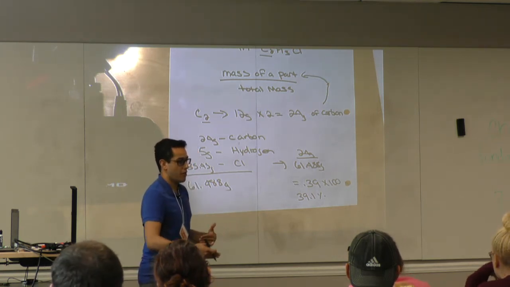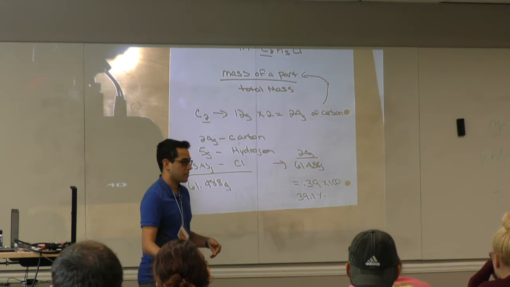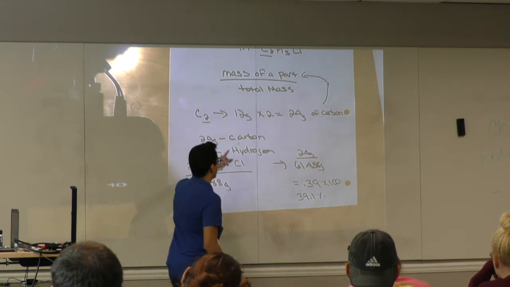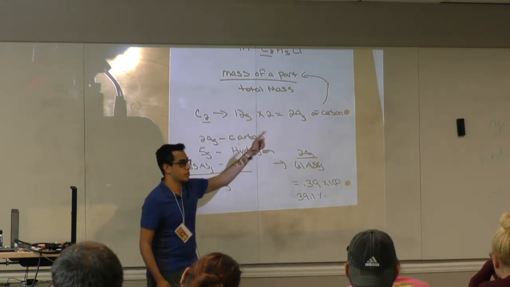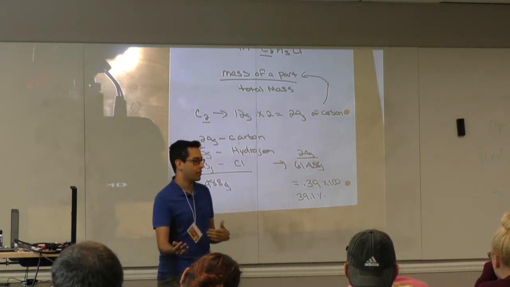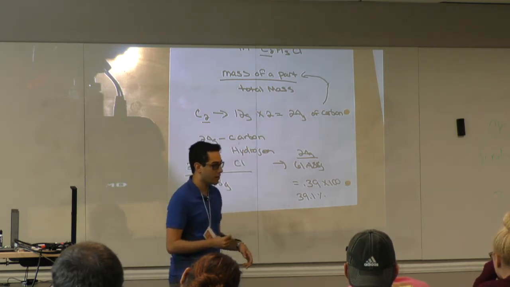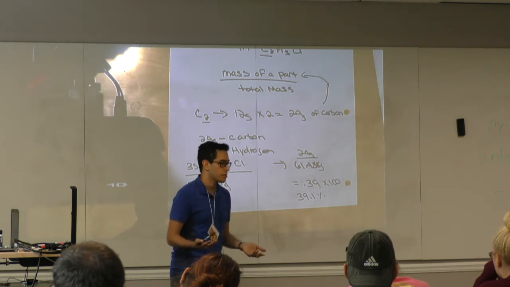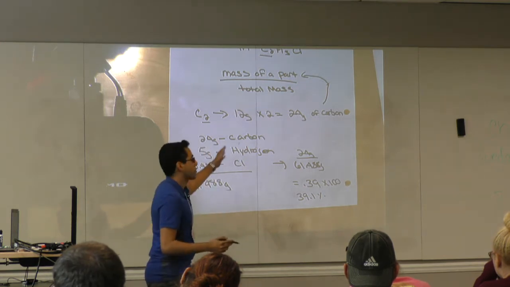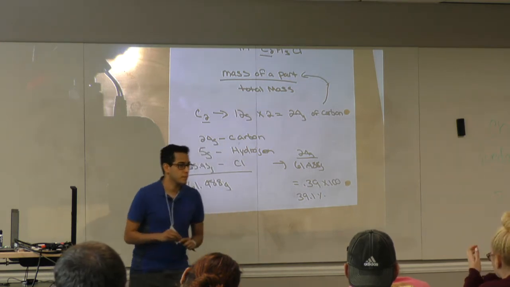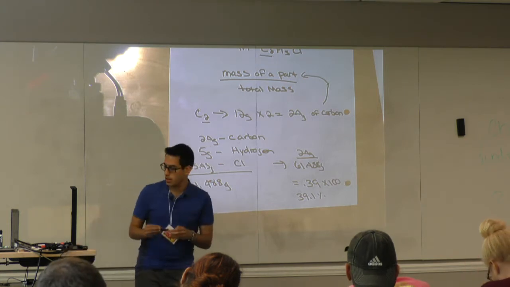But never round until your final answer. So technically, this shouldn't be 12. This should be like 12.022, right? And then you go off of the one with the lowest amount of decimal places, which would be the 3. But here I just wrote 12 too for the sake of time. So just if that clarifies anything. Okay?